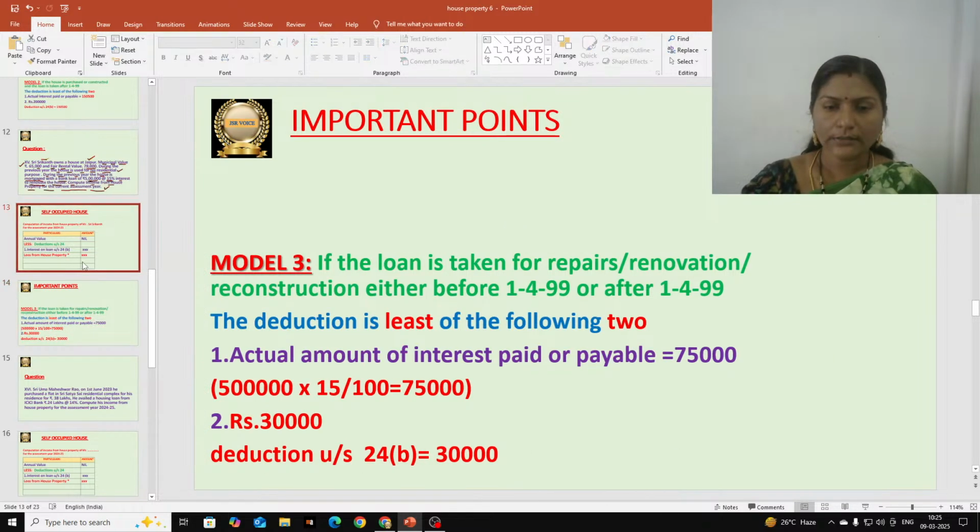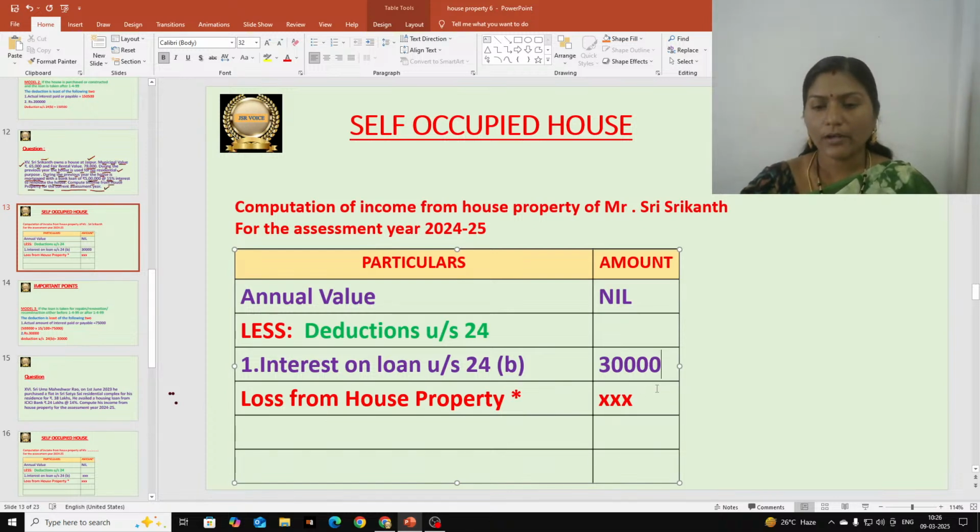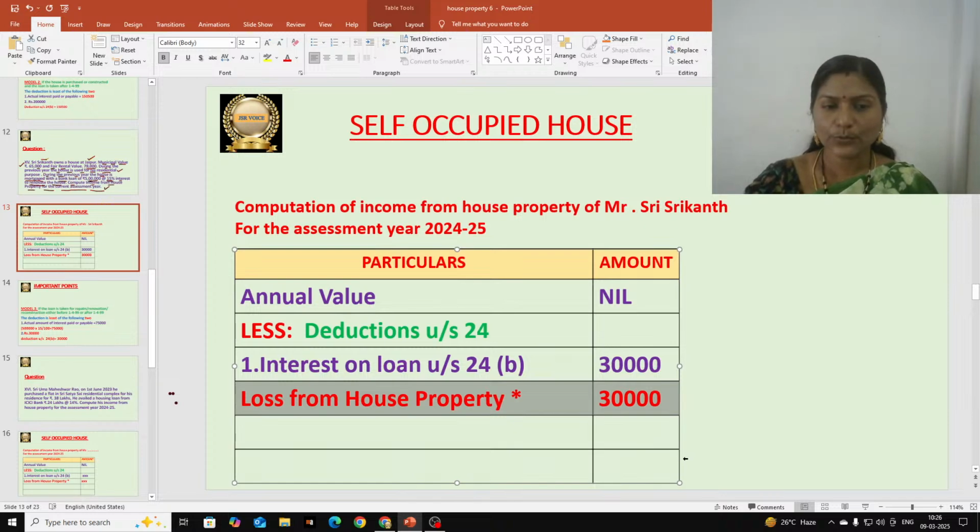We will record that in the statement. Now, if we deduct this 30,000 from nil, we will get minus 30,000, but don't write minus 30,000, you write 30,000. But it is what? It is loss from house property. You should name it as loss from house property, students. So this is the answer for this problem.